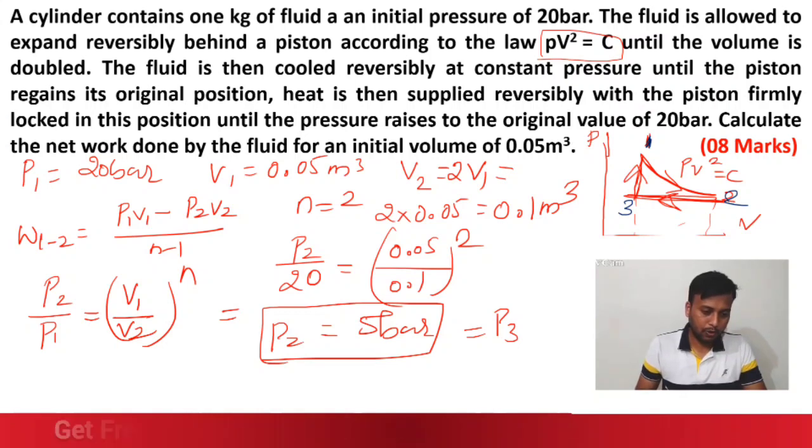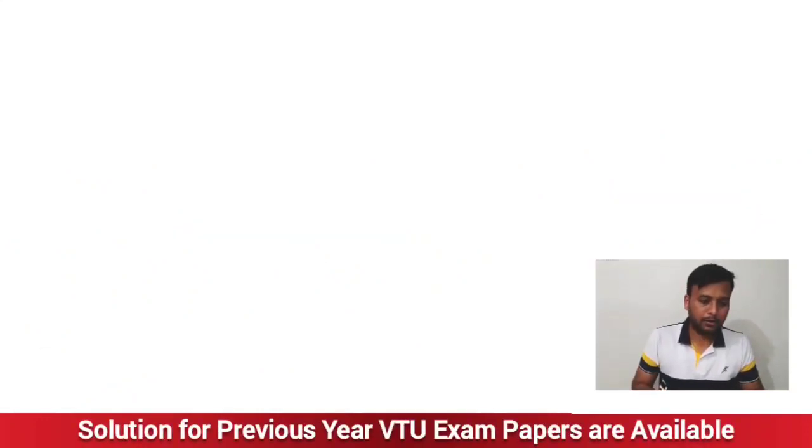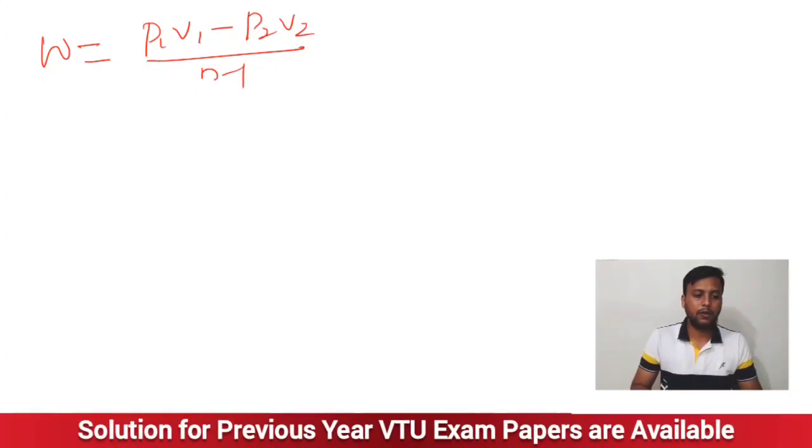Now let us substitute. I have already given the work done equation. Work done will be equal to P1 V1 minus P2 V2 divided by n minus 1.